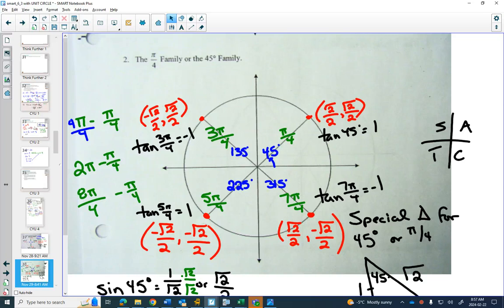You gotta pick the next person. Who is going to do sine of 225 degrees? Andre. Which one did I say? Sine of 225 degrees. Minus square root of 2 divided by 2.